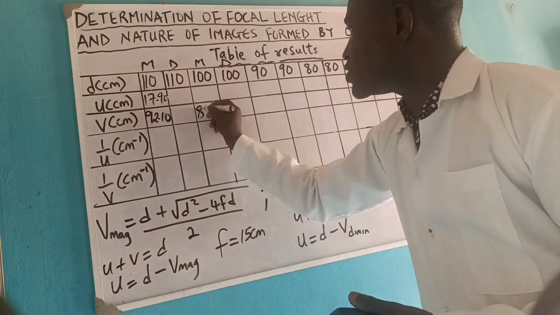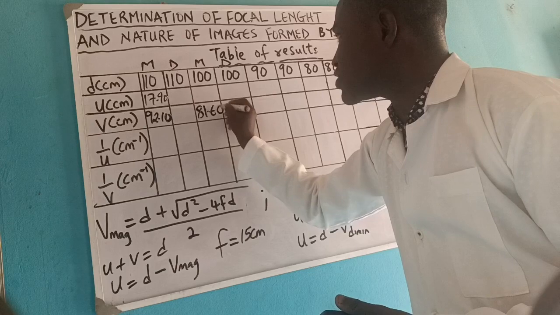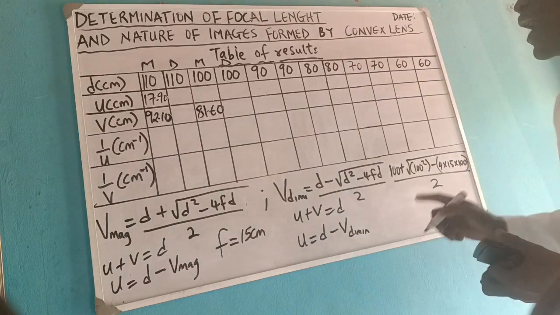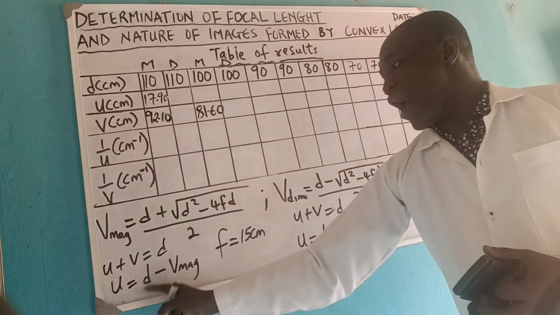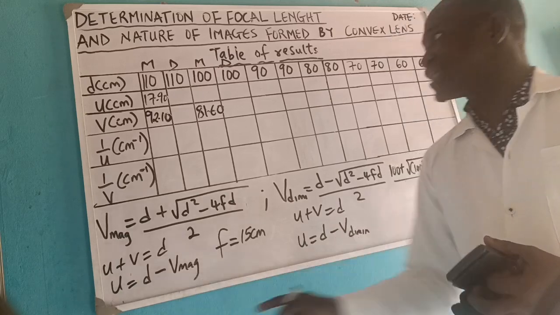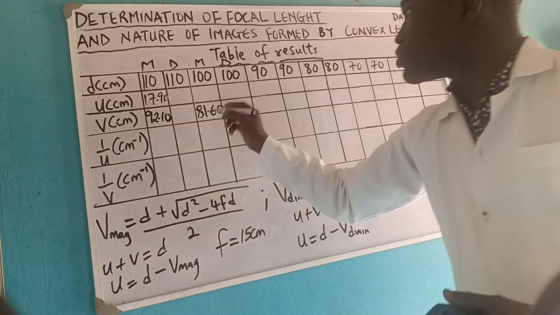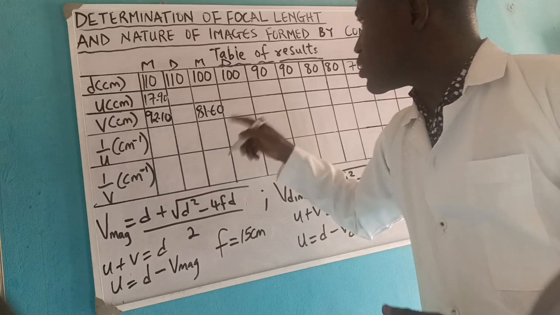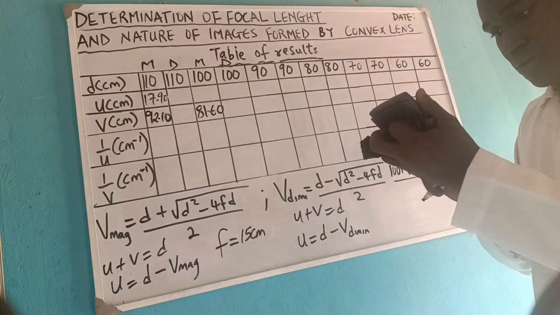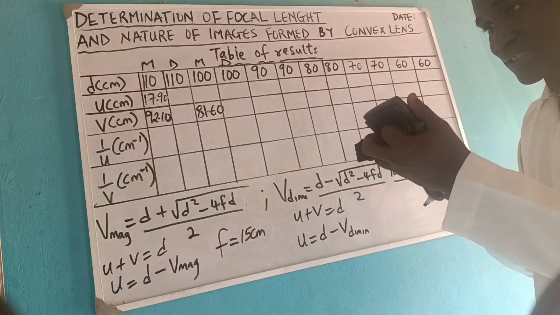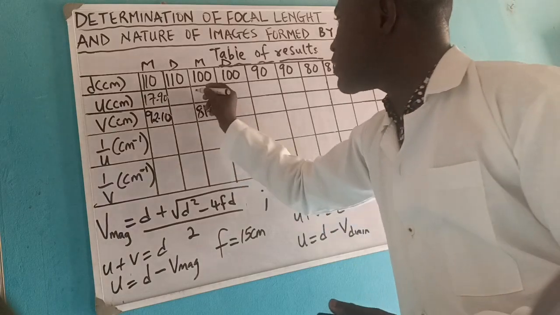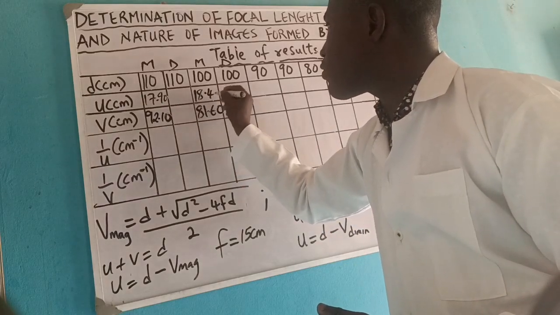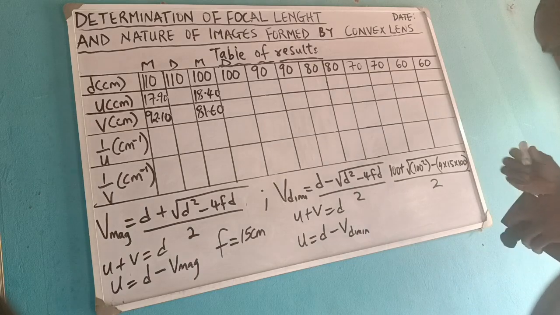Look at the image, 81.6. You attach 0. Then what will be your u? 100 minus 81.6. That will be giving you 18.4. Do you get what we are saying?